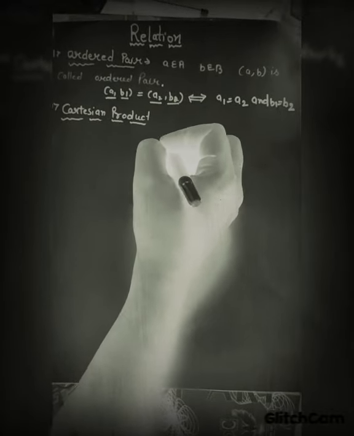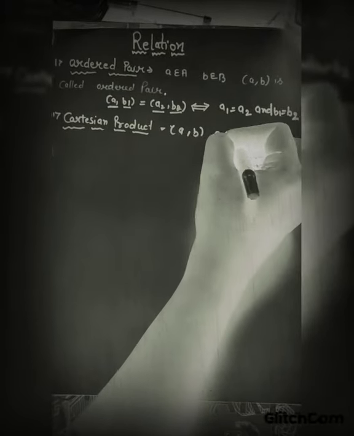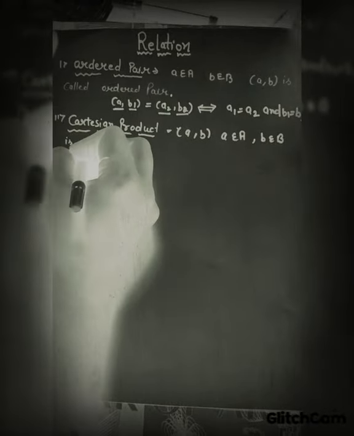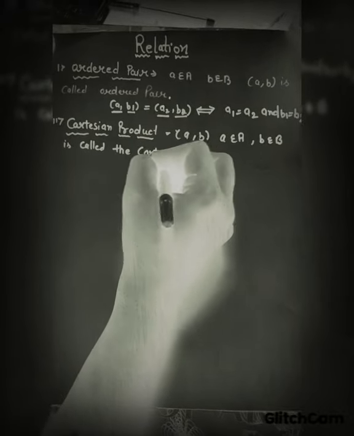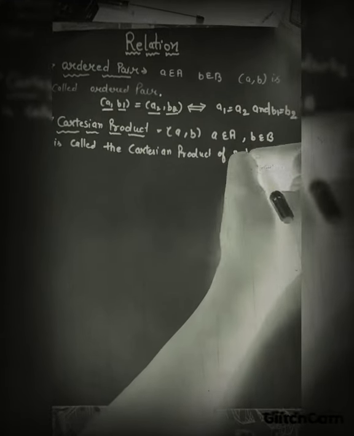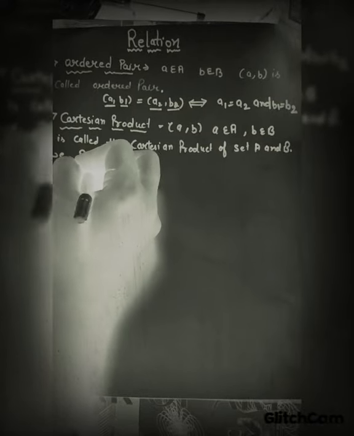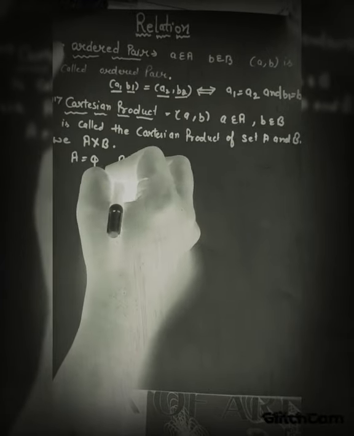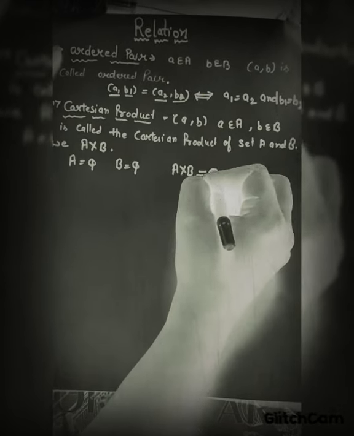The set of all the ordered pairs (a, b), where a belongs to set A and b belongs to set B, is called the Cartesian product of sets A and B. We denote it as A cross B. Now, if A is equal to phi and B is equal to phi, then the cross product of A and B is equal to phi.